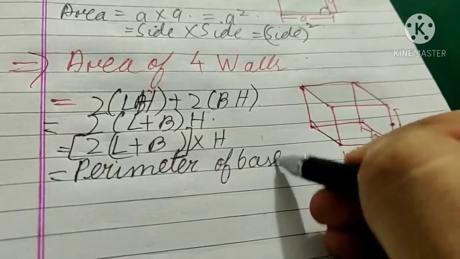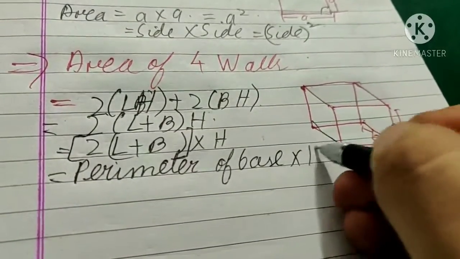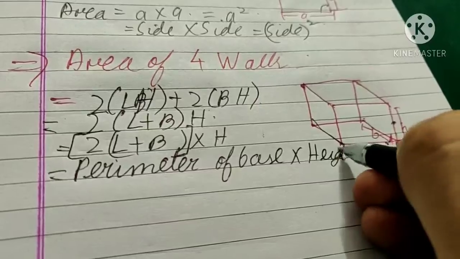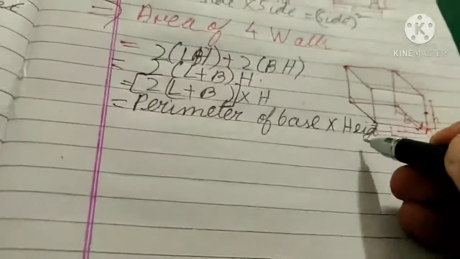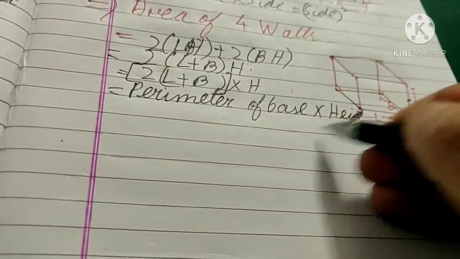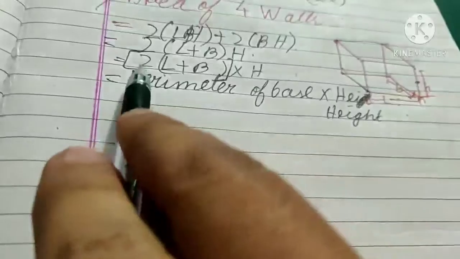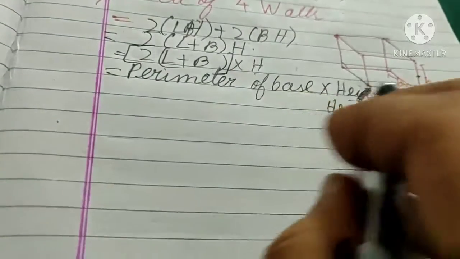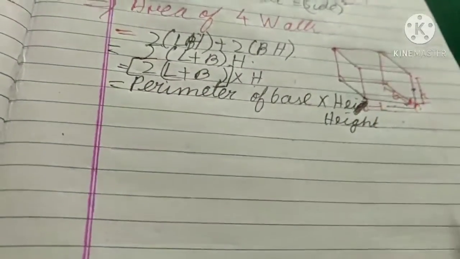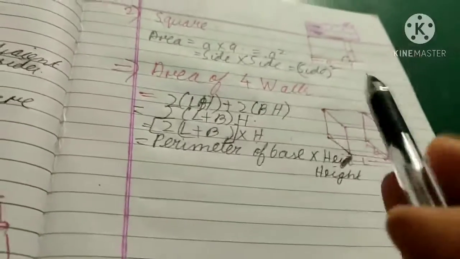Perimeter of base multiplied by height. Perimeter of base, 2(L plus B), into height. This is the area of 4 walls.